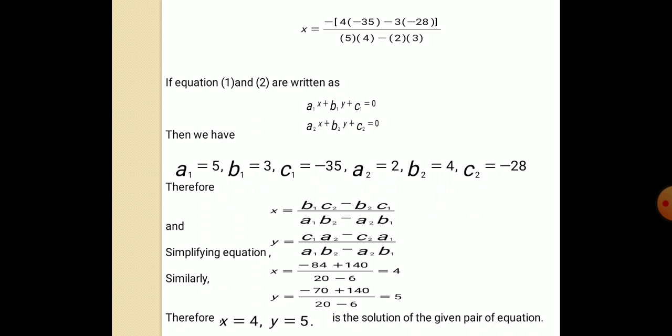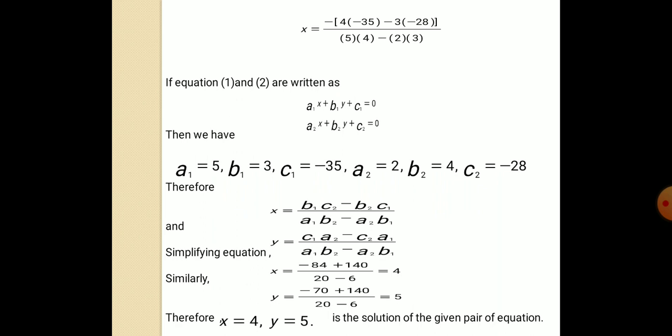If equations 1 and 2 are written as a1x plus b1y plus c1 equal to 0 and a2x plus b2y plus c2 equal to 0, then we have a1 equal to 5, b1 equal to 3, c1 equal to minus 35, a2 equal to 2, b2 equal to 4, c2 equal to minus 28.